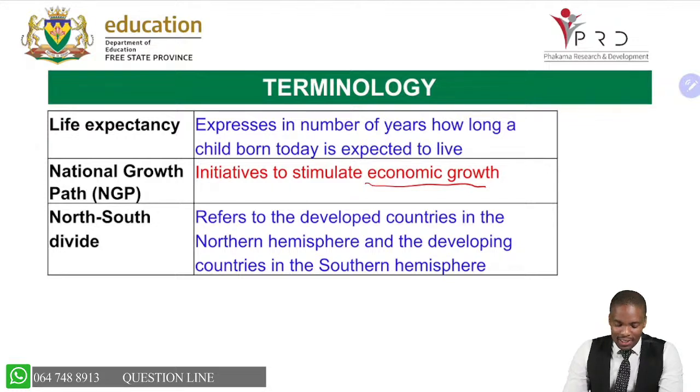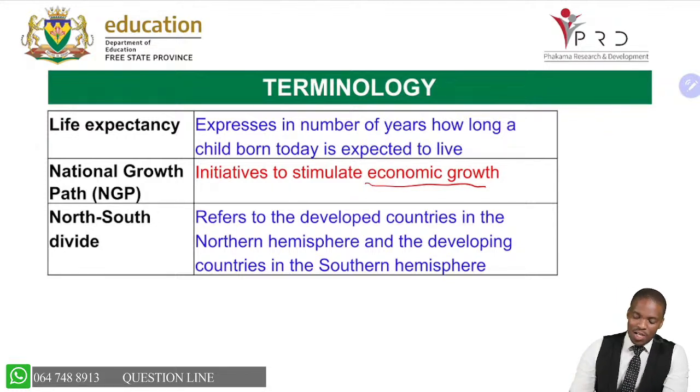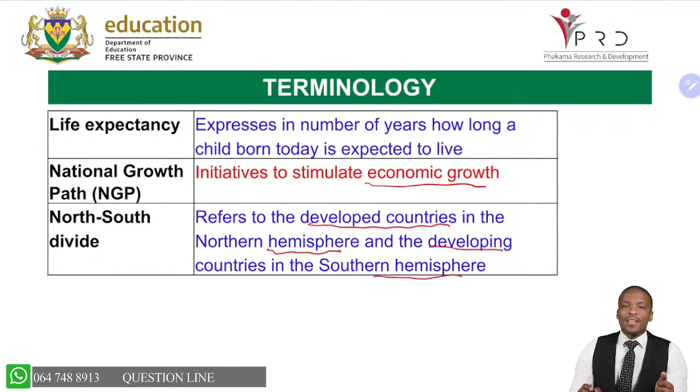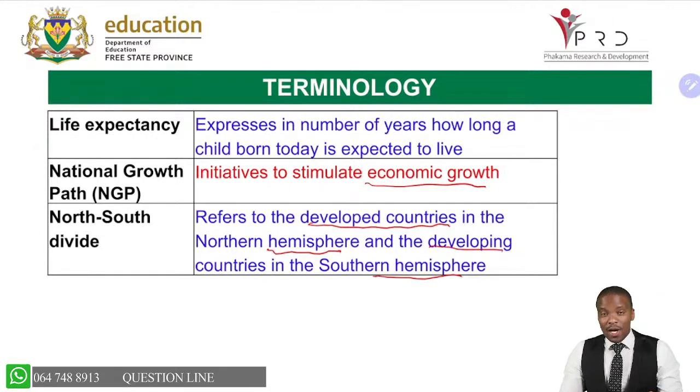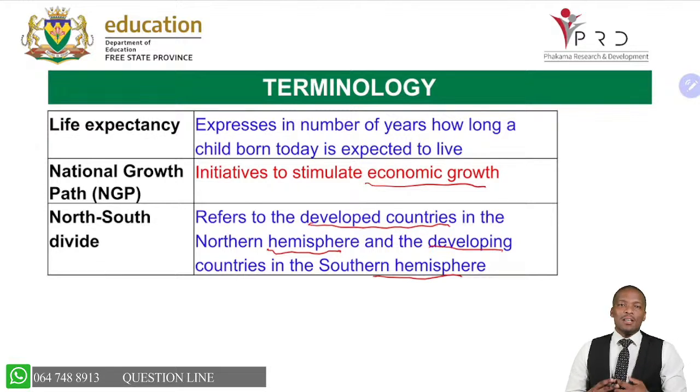The North-South divide, this one then refers to the developed countries in the North Hemisphere and the developing countries in the South Hemisphere. So when we ask you to briefly describe the concept, or when you are asked to describe the concept North-South Hemisphere, please explain it in full.